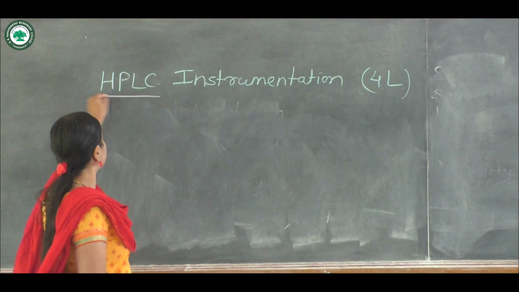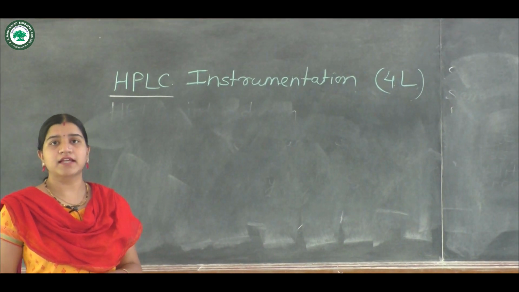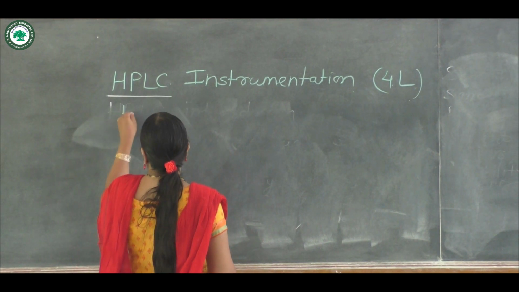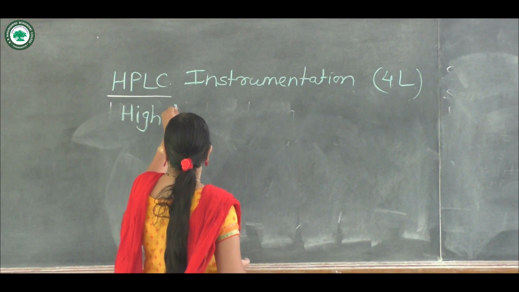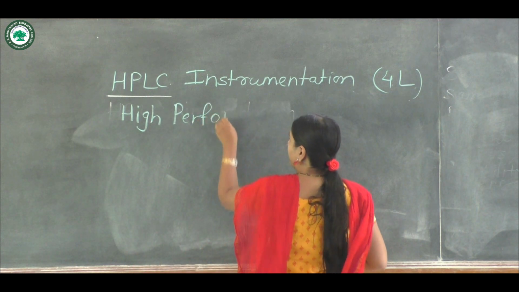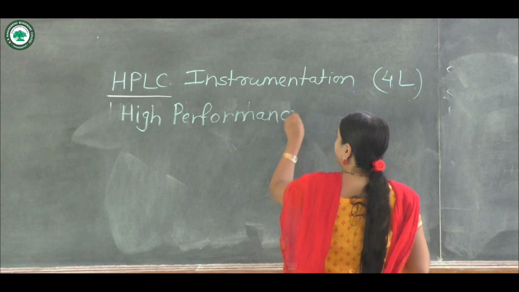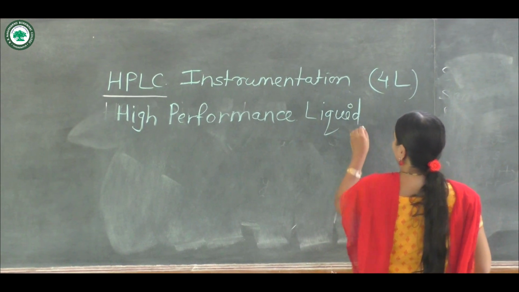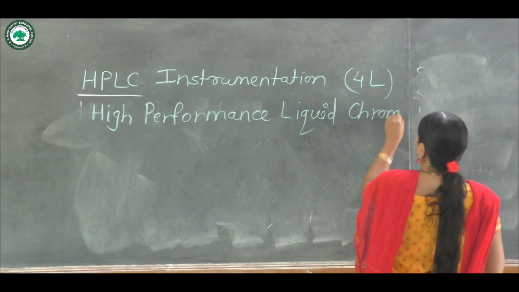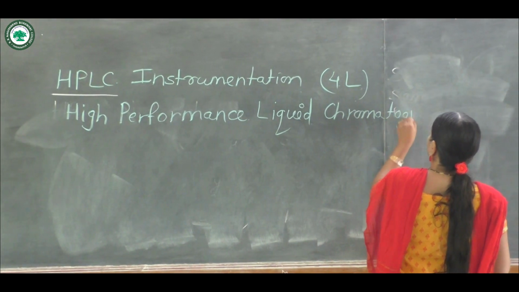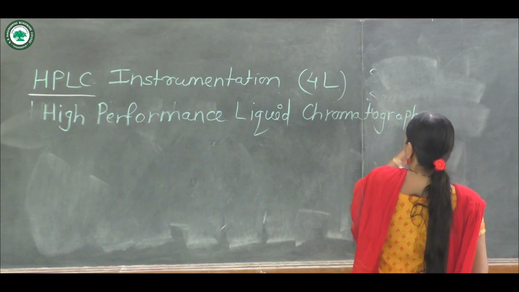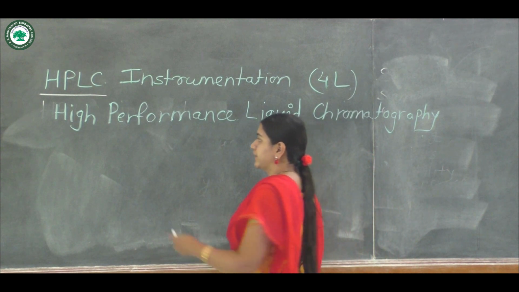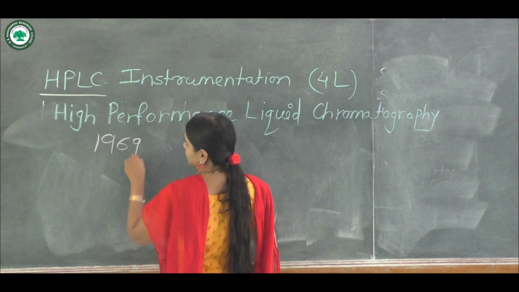Okay, we will begin with the name HPLC. The HPLC technique has a long form of high performance liquid chromatography. So the HPLC technique was invented in the year 1969.